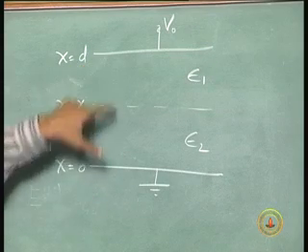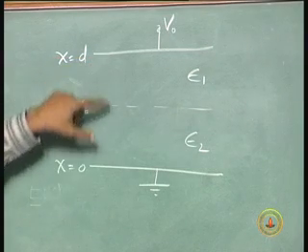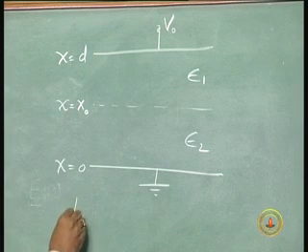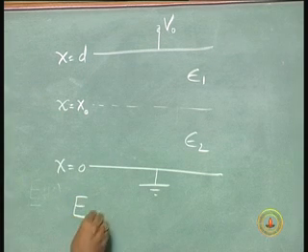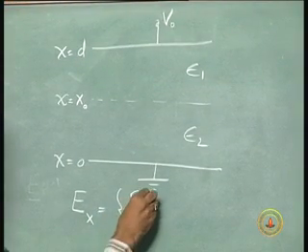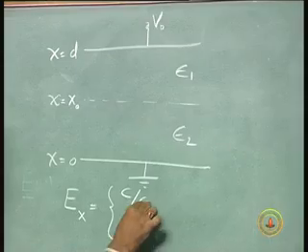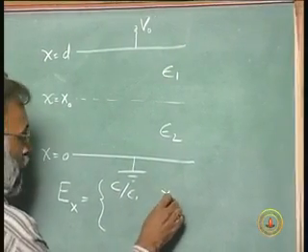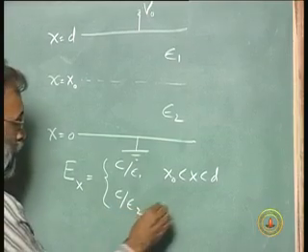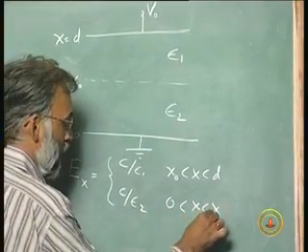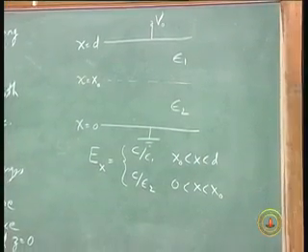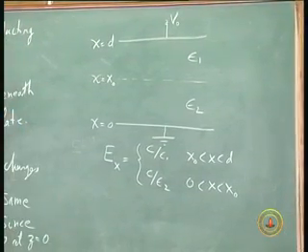Then apply Gauss's law. You prove that displacement vector is constant. So, since displacement vector is constant, electric field E x is equal to some constant c divided by epsilon 1 in region x naught less than x less than d, and is c over epsilon 2 in 0 less than x less than x naught. And from this we can calculate the solution, and we have done that.